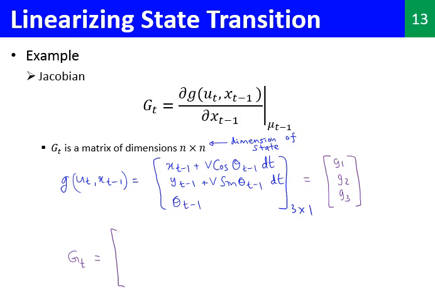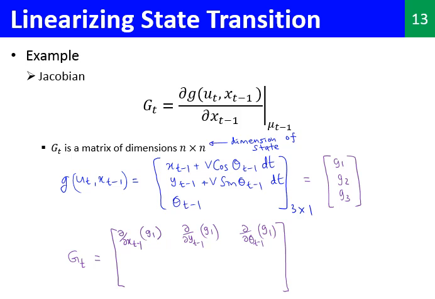So we have ∂ over ∂x t minus 1, that is the first element of the state vector, for g1. Again we take g1 and then take the partial derivative with respect to the second element, y t minus 1. Similarly, we have theta t minus 1 for g1. Okay, so that's our first row.